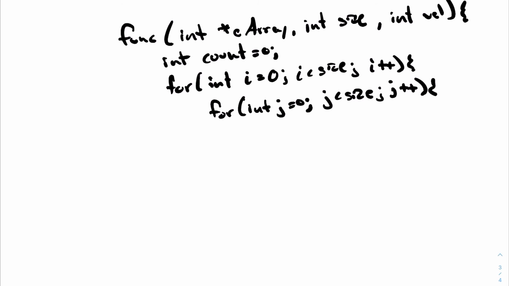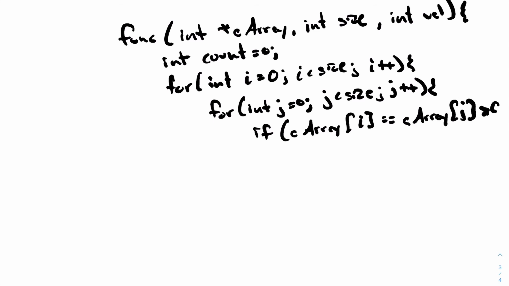So I have this double for loop going on again. If a[i] is equal to a[j], and i is not equal to j, count plus plus. Close it, close it, close it, return count.